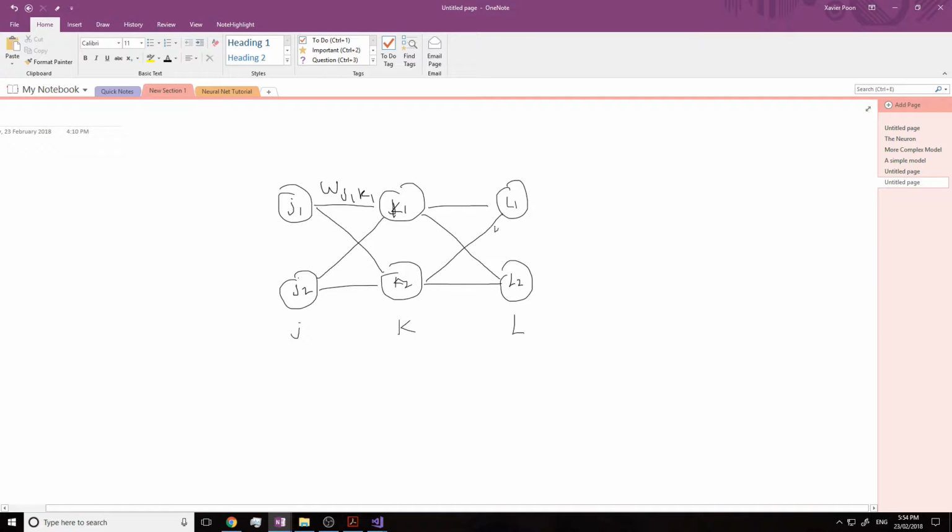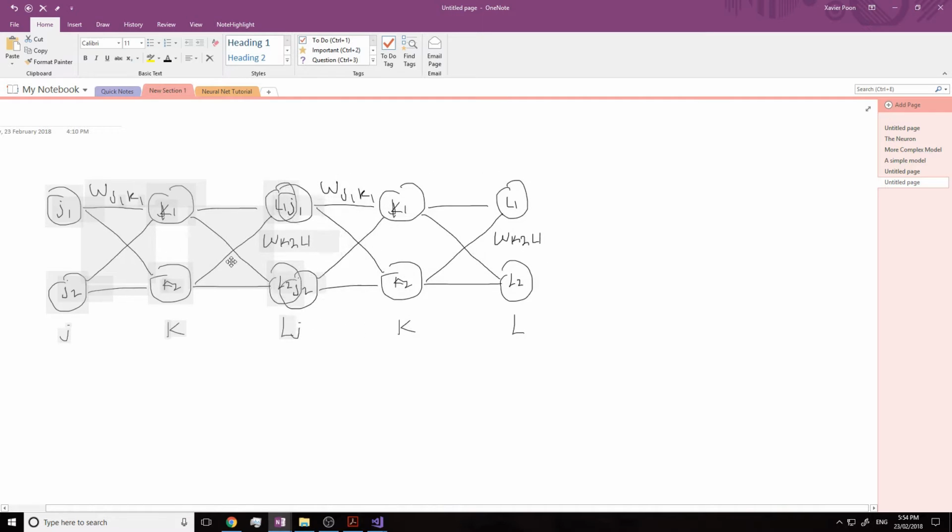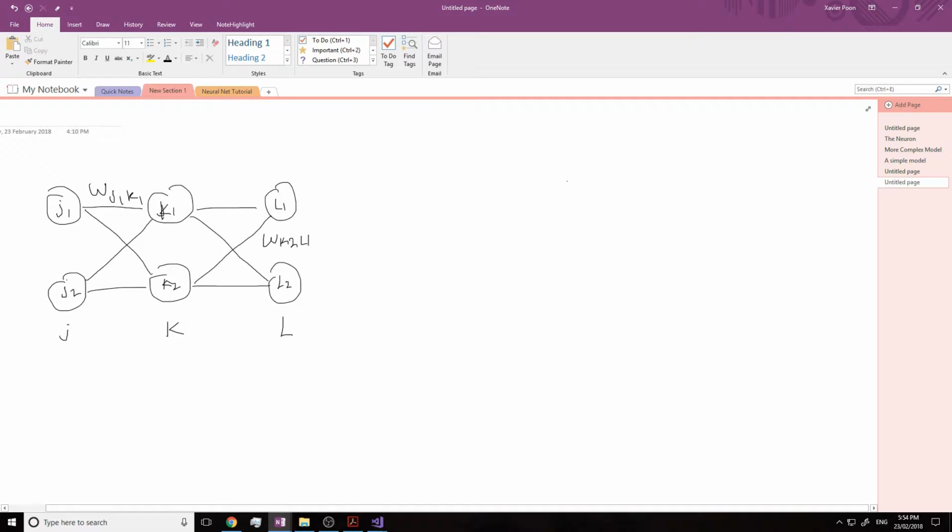So let's do this one. This would be WK2,L1. The weight between this one and this one. So how do we write all these weights between the layer J and the layer K as a matrix? So let's try to write that. First of all, let's make this go away and write this here.